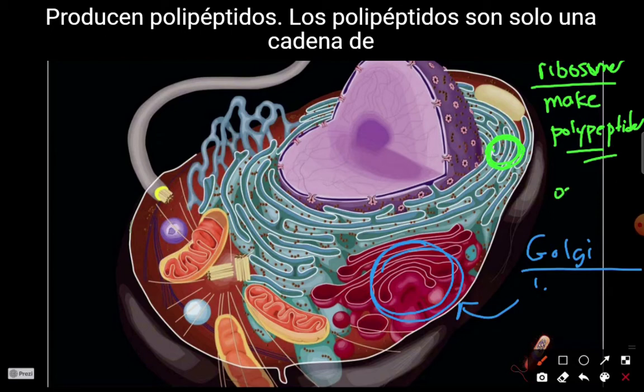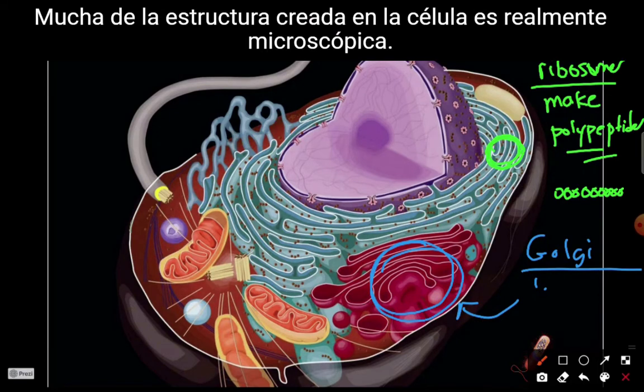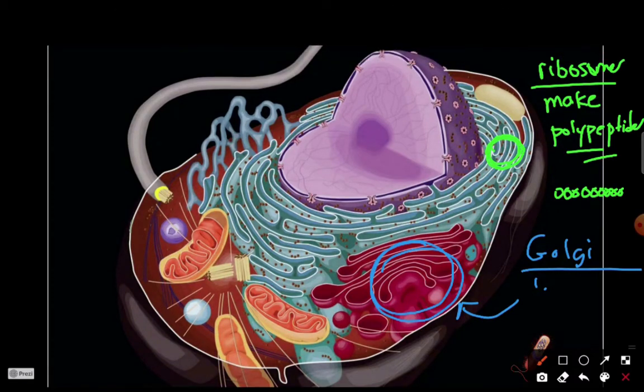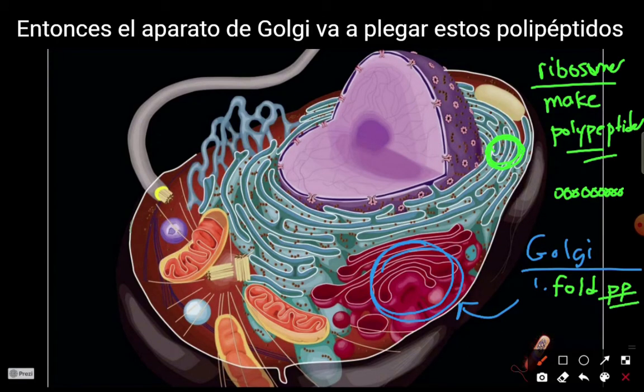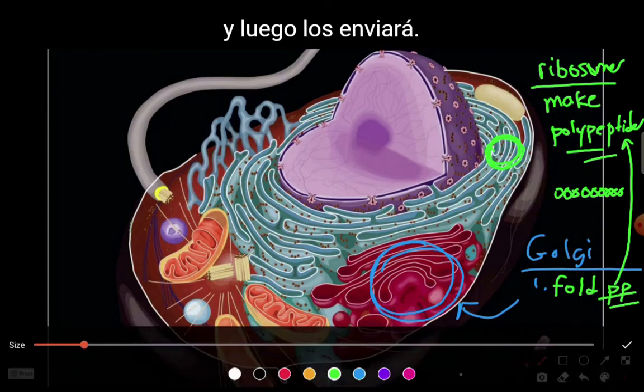Polypeptides are just a string of amino acids. That has to be folded. A lot of structure created in the cell is really just microscopic origami. And so these amino acids, this polypeptide here, they are going to fold. So the Golgi apparatus is going to fold these polypeptides. And then it's going to ship them.